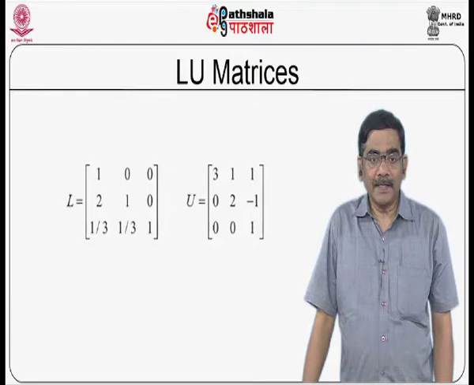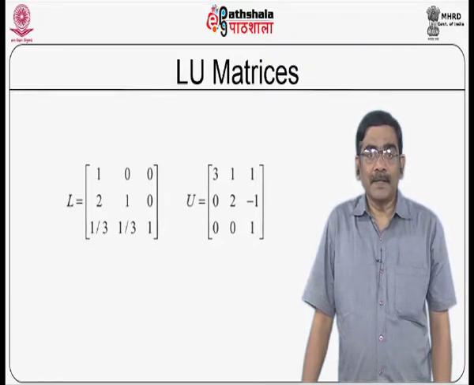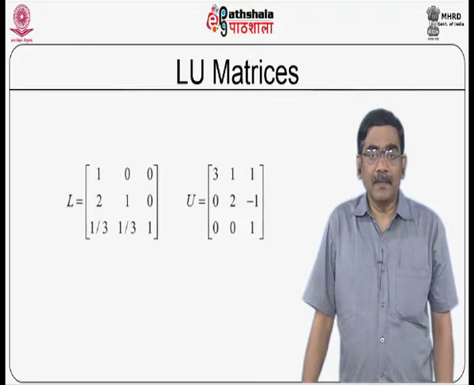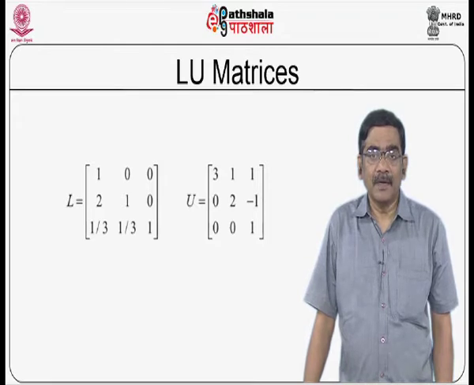Now, by substituting the multipliers and by keeping all the diagonal elements as 1, we get the matrix L. And what is U? U is going to be the same matrix that we obtained in the last step of the forward elimination procedure.